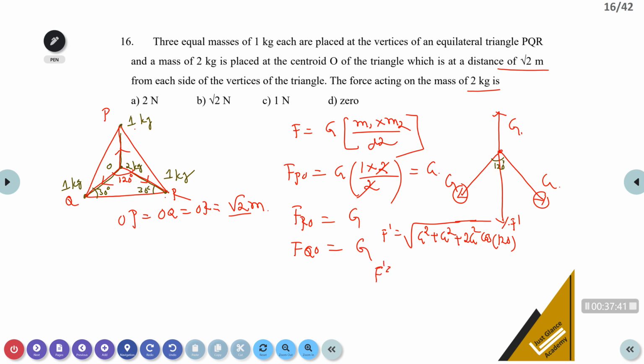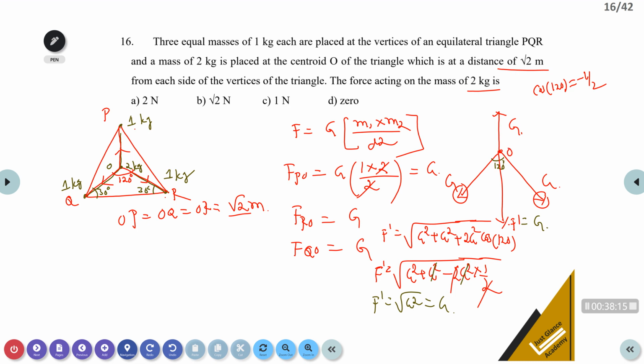So F dash equals G square plus G square minus 2 G square into 1 by 2, because we know that cos of 120 equals minus 1 by 2. So this cancels, 1 G square cancels. So F dash equals square root of G square, equals G.